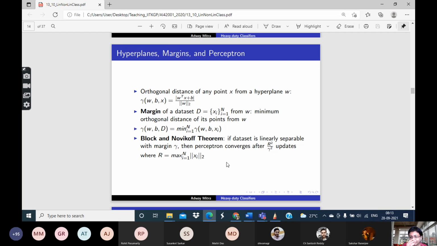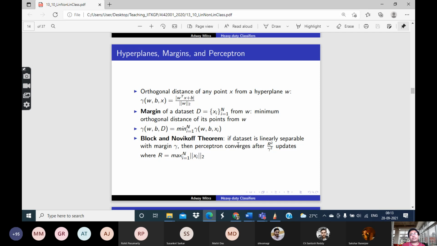It's nothing but the magnitude of the vector, something which you are familiar with calculating, say in physics. If you have a vector, you know how to calculate its magnitude by taking the sum of squares of all its elements and taking the square root of it. That's what you knew as the magnitude of the vector, but that's also the L2 norm of the vector.